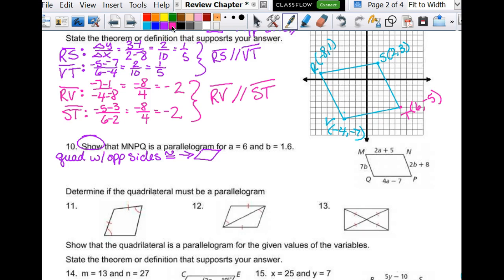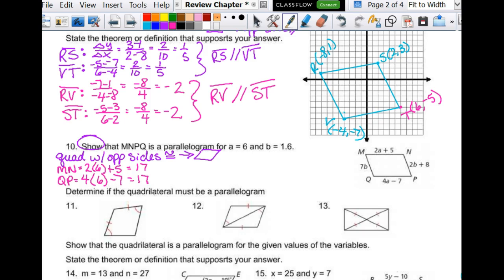So I've got to find the side lengths here. The length of MN is 2 times 6 plus 5, so that's 12 plus 5, which is 17. And then the length of QP is 4 times 6 minus 7, so that's 24 minus 7, which is 17.